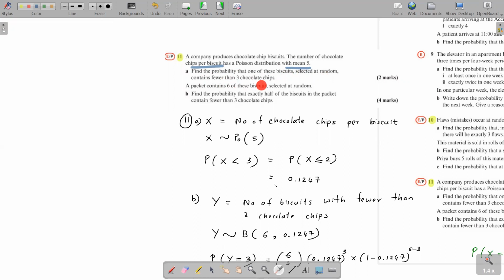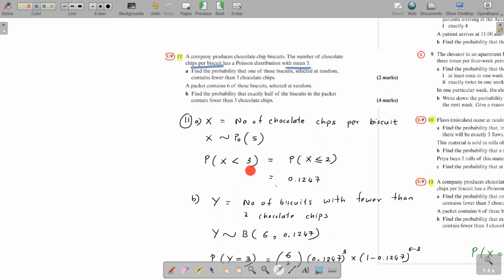So what do you do? First, describe your random variable with respect to the interval. The interval is 1 biscuit. So capital X is the number of chocolate chips per biscuit, in 1 biscuit. And then it follows a Poisson distribution with mean 5, because we know there are 5 chips per biscuit. And then we need to find the probability it contains fewer than 3.